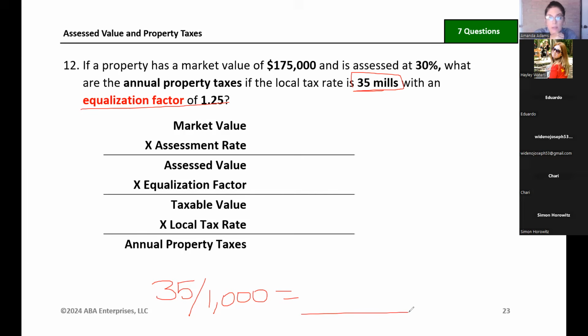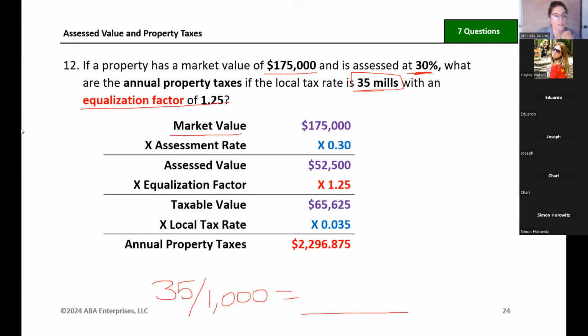All right, number 12. So what are we coming up with, you guys? Again, we're going to start with our market value, 175,000, and multiply it by the assessment rate of 30%.